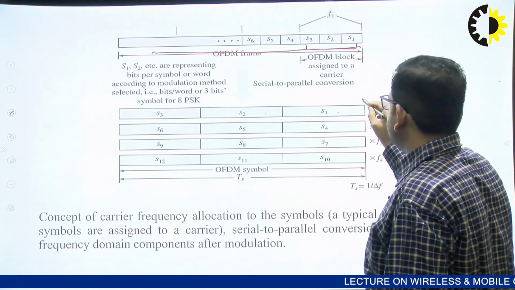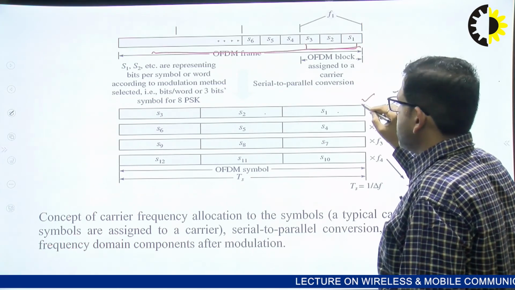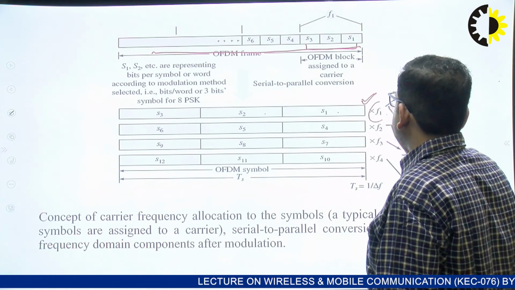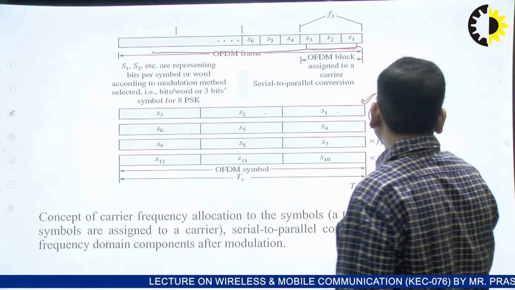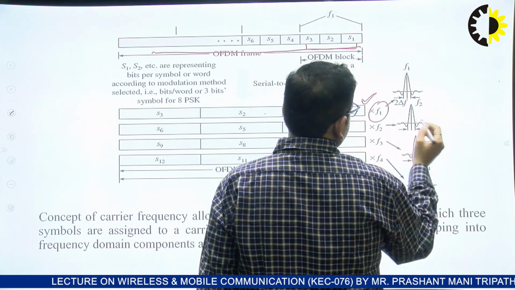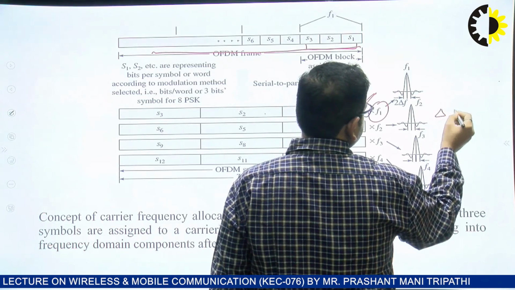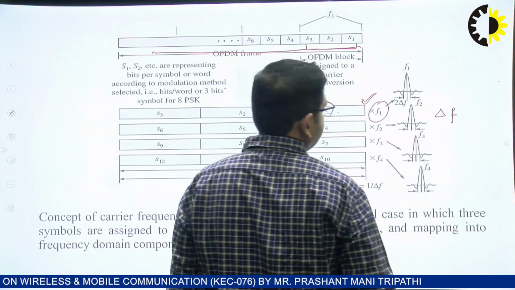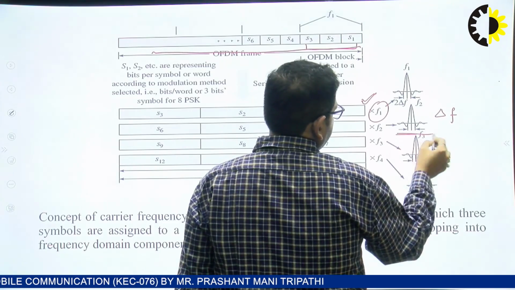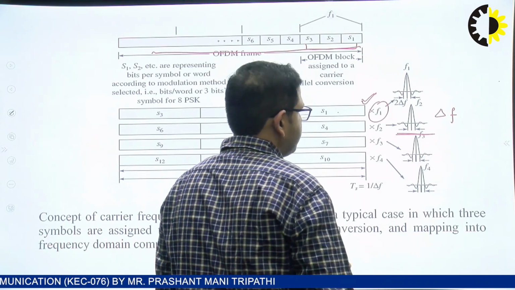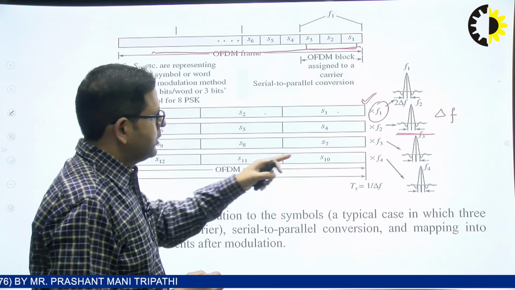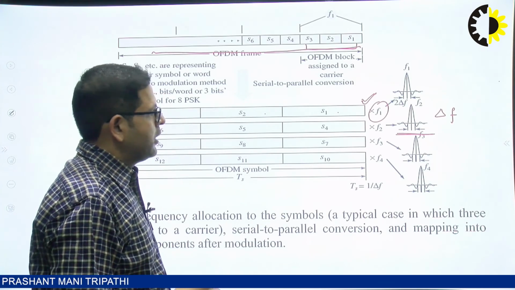And now this first symbol is utilizing F1, and after F1 there is a gap of delta F, and after delta time the second frequency is used, which is F2. Similarly, for this symbol sequence we are going to use F3 and F4.